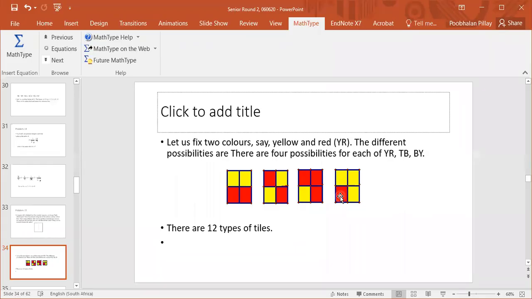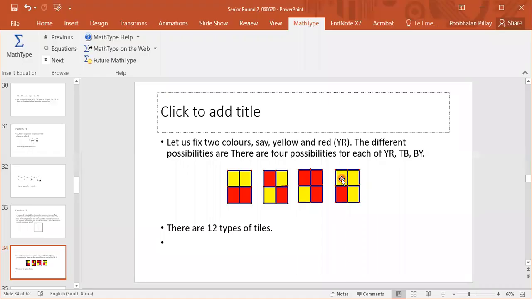If I use 1 red, I am now looking at this part here, then it'll be 3 yellows. But you might say, I could have made this 1 red and other 3 yellows, that has 1 red, the other 3 yellows, that has 1 red, the other 3 yellows. But if you think about that, it's the same tile.